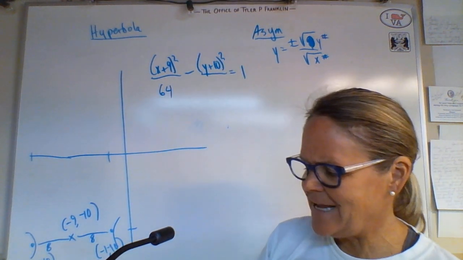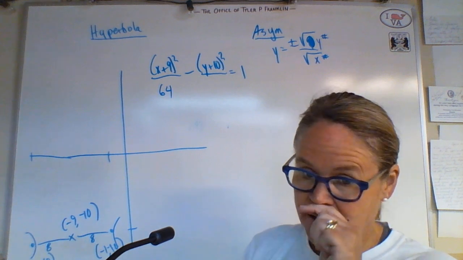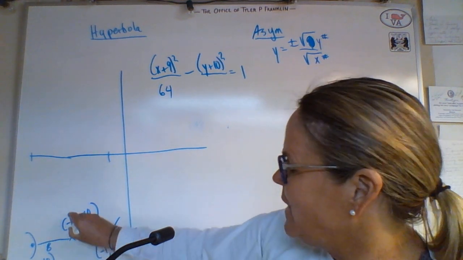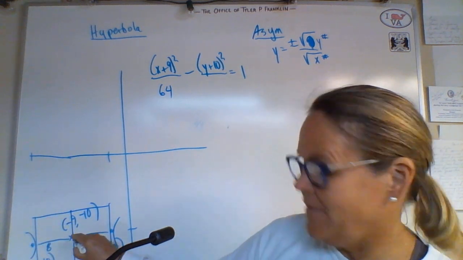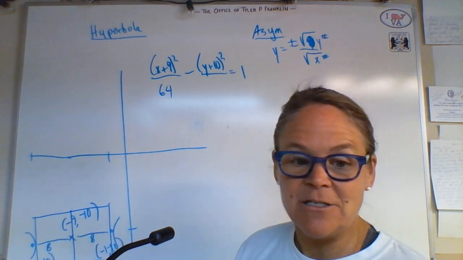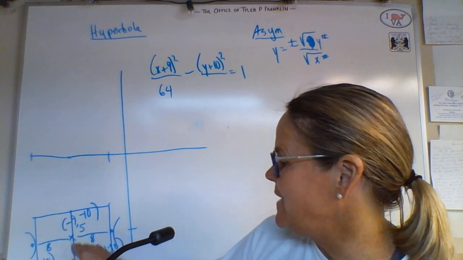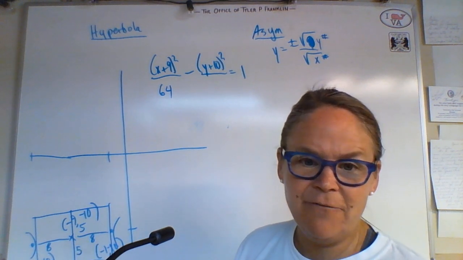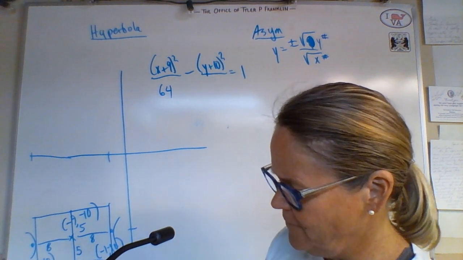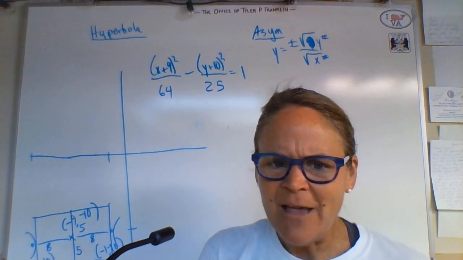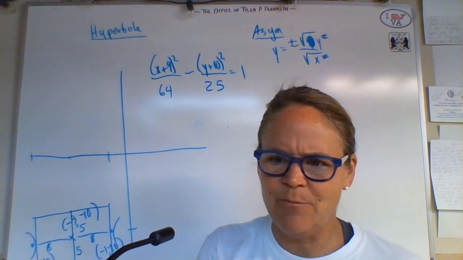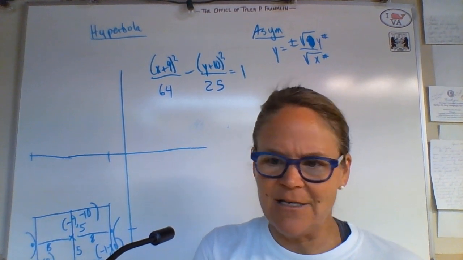So then when they say the conjugate axis is 10 units long, that just means, again, this rectangle. Well, if that is 10 units long, that means each of those had to be 5. Square 5, 25, you're done. So I'm sure we'll have questions on the hyperbola, but that's the lesson for today.